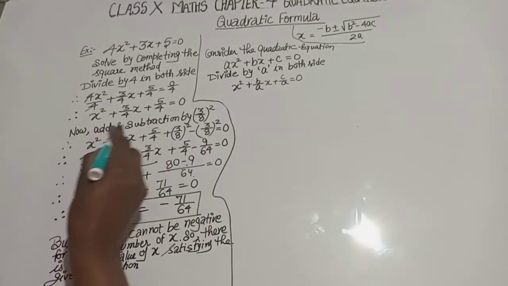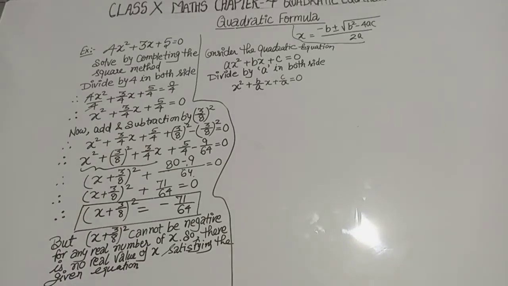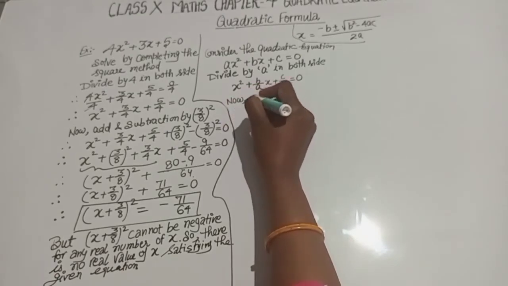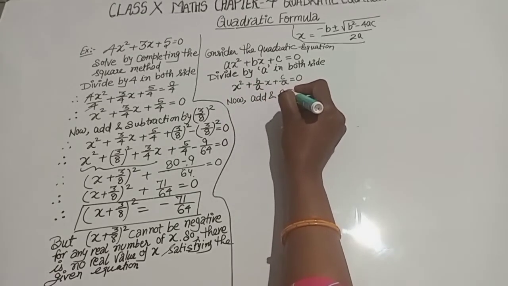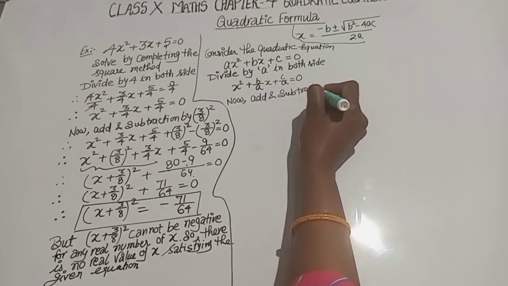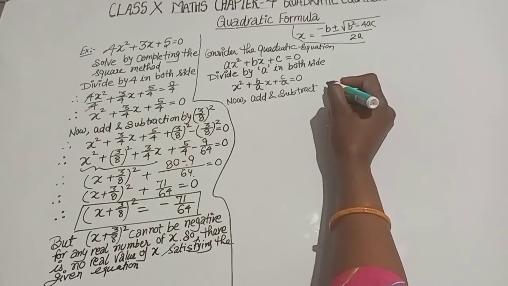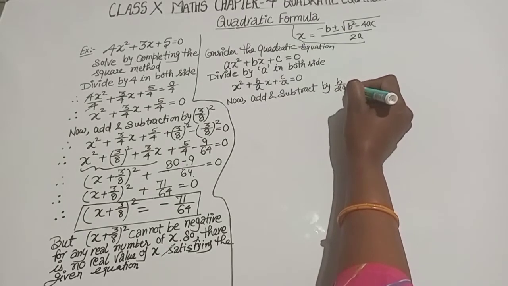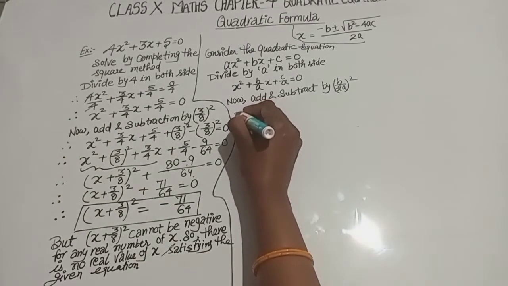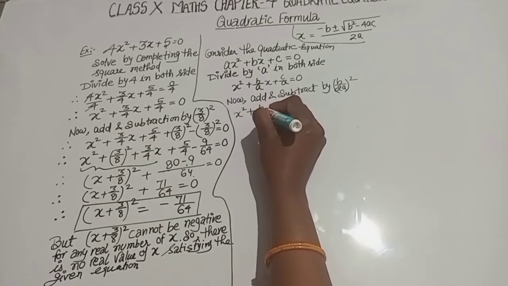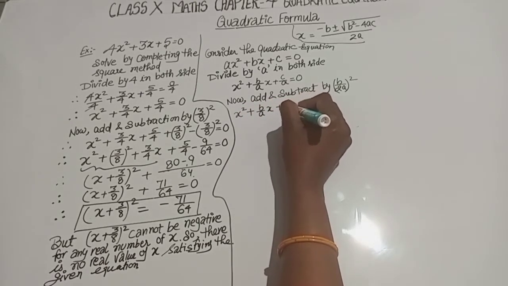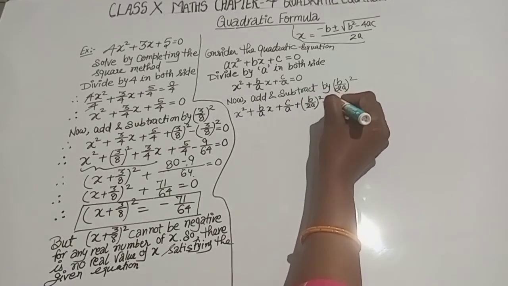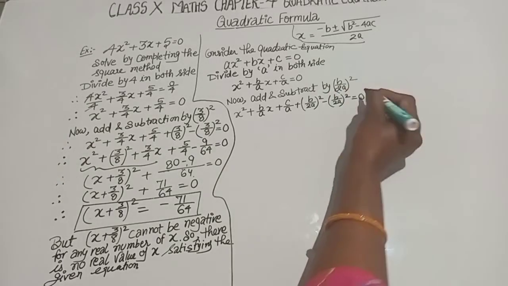Now add and subtract the square of half of the coefficient of x. Half of b by a is b upon 2a, so we add and subtract b upon 2a whole square. So this becomes x square plus b by a x plus c by a plus b by 2a whole square minus b by 2a whole square is equal to 0.